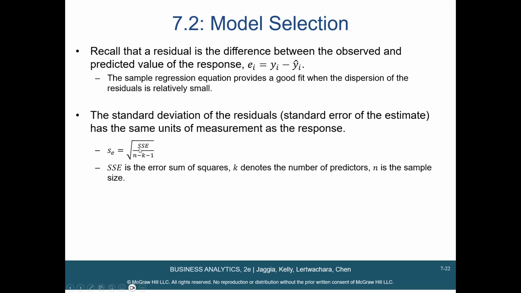So we get the error sum of squares. We add up all those individual errors for every i, squared. We add these up, but we square each difference each time, and that's our SSE.